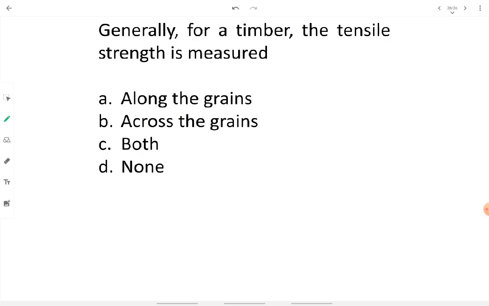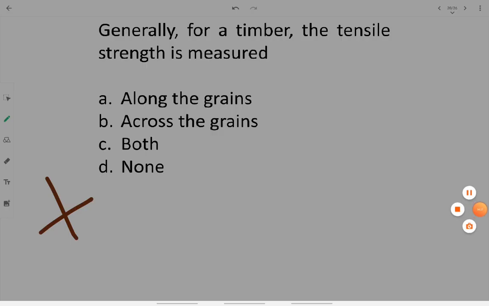We just saw that any test you carry out is generally carried out on a member along or across a direction, or any given direction. The major directions are the x-axis and y-axis, meaning vertically, along, across, horizontally. When we are going to use timber as a tensile member, we will have to know the tensile strength of that specific member.